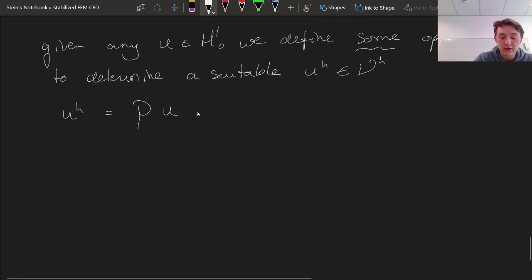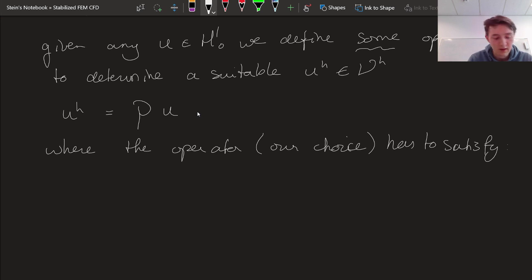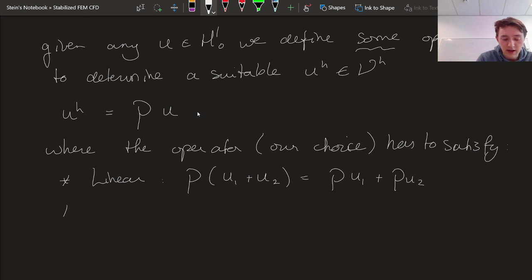And then we still have the same conditions where the operator, which you can think of as a choice, has to satisfy that it is linear, so that the P of some solution U1 plus a solution U2 is going to be equal to the projection of U1 plus the projection of U2, and it has to be idempotent.